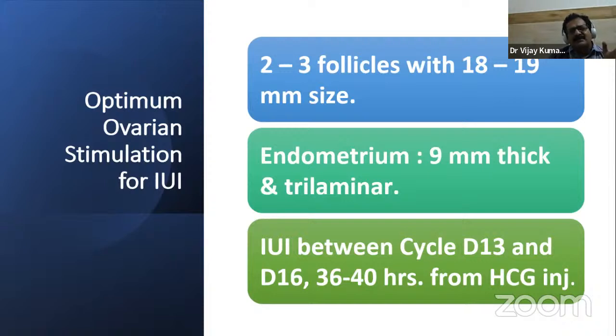So ovulation induction doesn't comprise only the use of a pharmacological agent in order to have a good graafian follicle, but we should also see that the endometrium is of proper quality, and the IUI has to be done at around day 14.